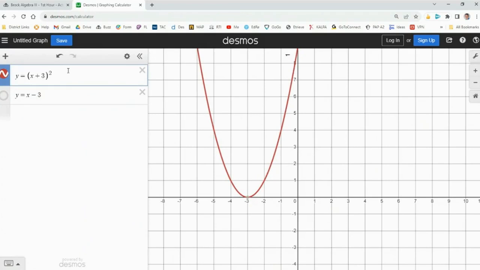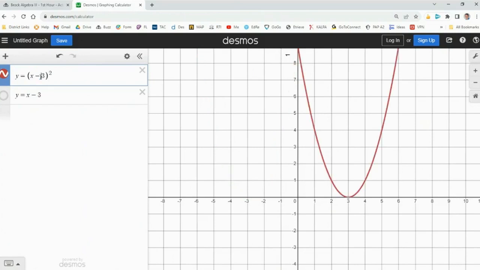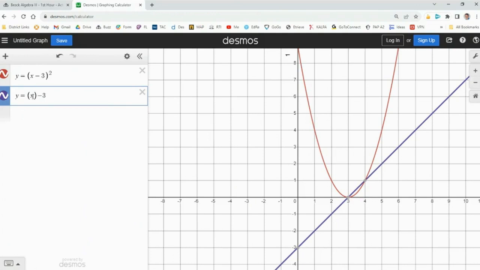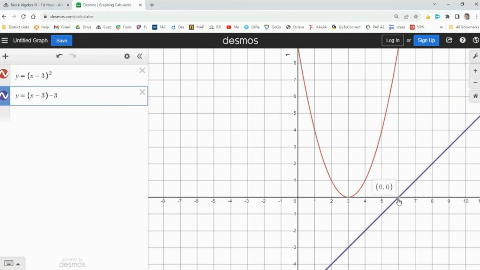Up and down is the same sign. Plus 5 makes it go up 5. But plus 3 makes it go left 3 into the negatives. If I want it to go right, I have to subtract 3. So x minus 3 squared. Even this other equation, I can put this in parentheses and say x minus 3. Now it's moved to the right 3.